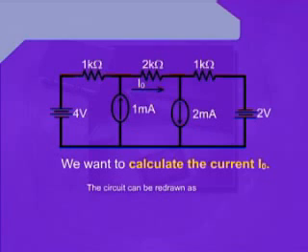The voltage source on the left hand side of the circuit has a value of 4 volts, whereas the voltage source on the extreme right of the circuit bears a value of 2 volts. There are two independent current sources used in this circuit as well, and these two current sources have values of 1 milliampere and 2 milliamperes.